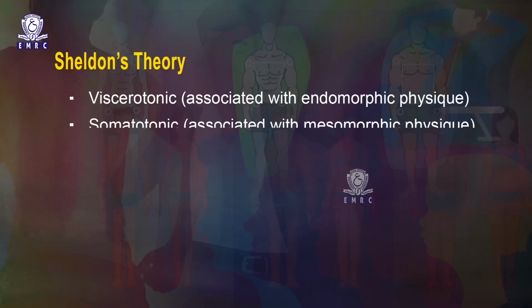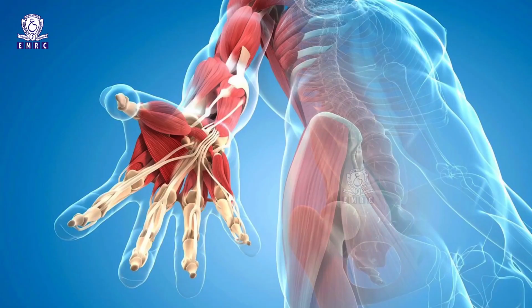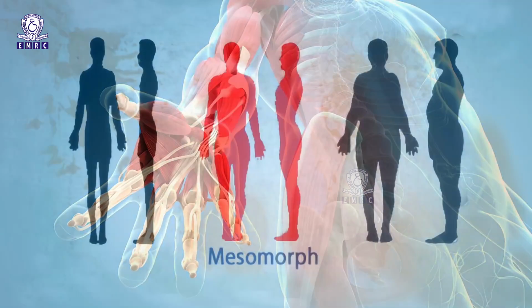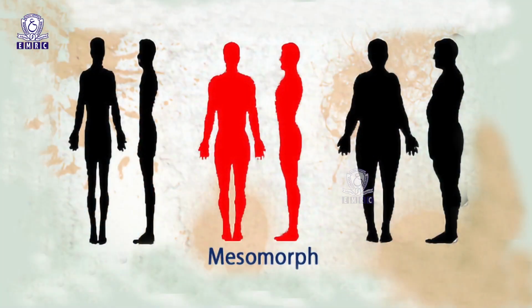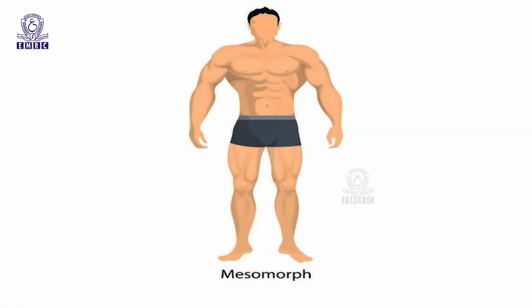Then the next type is somatotonic, which is associated with mesomorphic physique. The physical features of this personality will be a predominance of muscle, bone and connective tissue. The mesomorphic physique is normally heavy, hard and rectangular in outline. Bone and muscles are predominant and the skin is made thick by heavy underlying connective tissue.